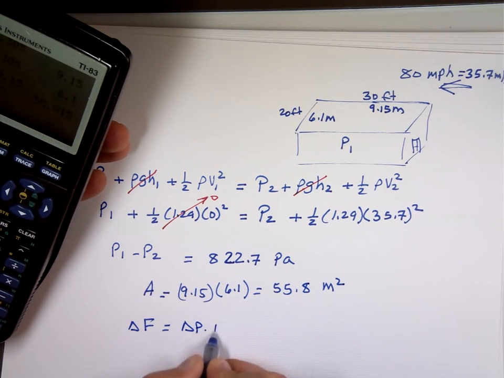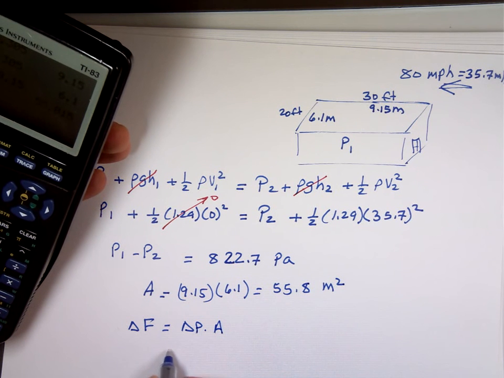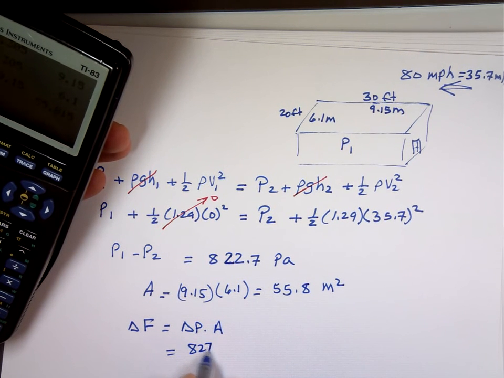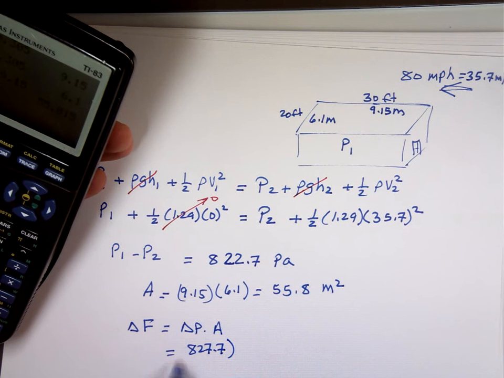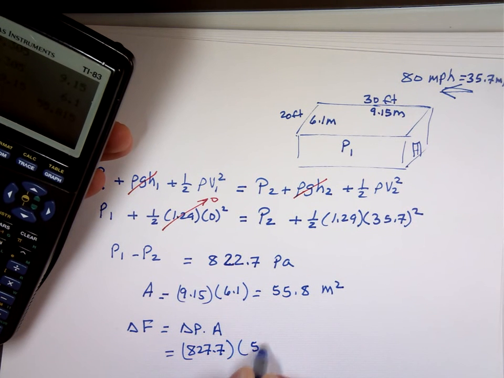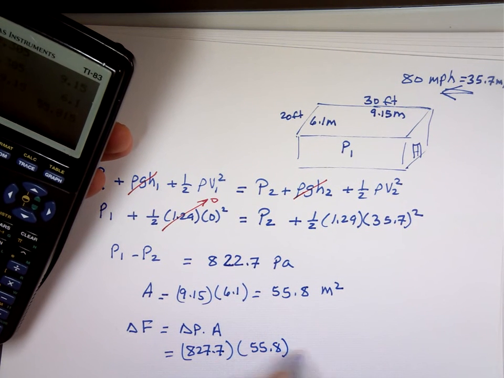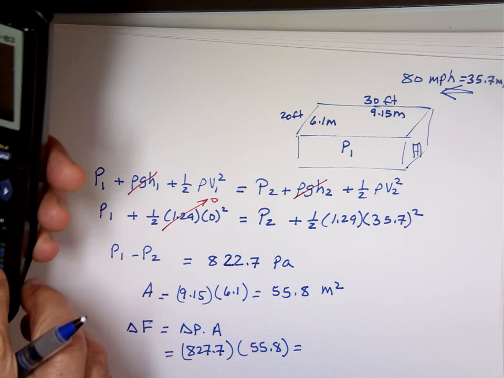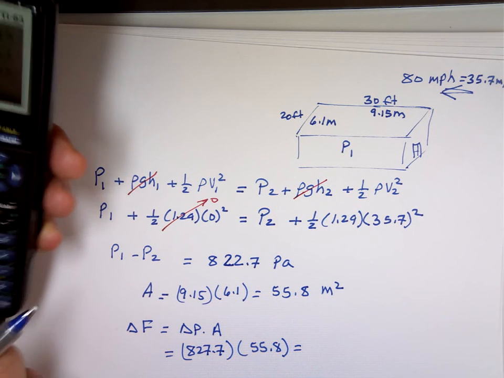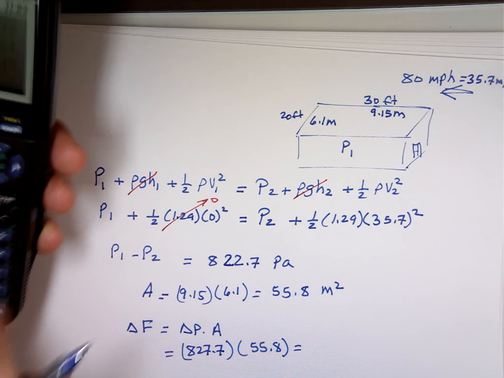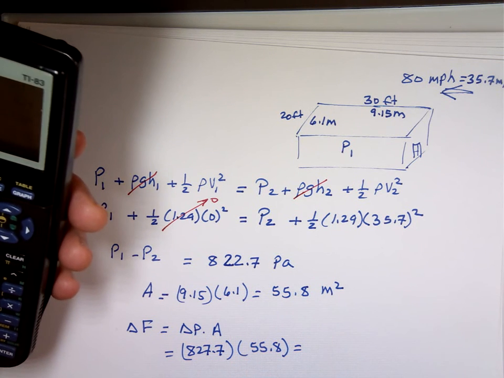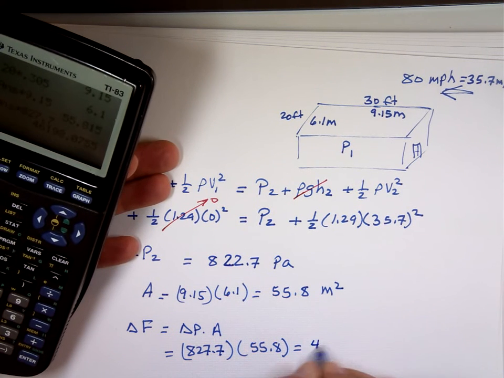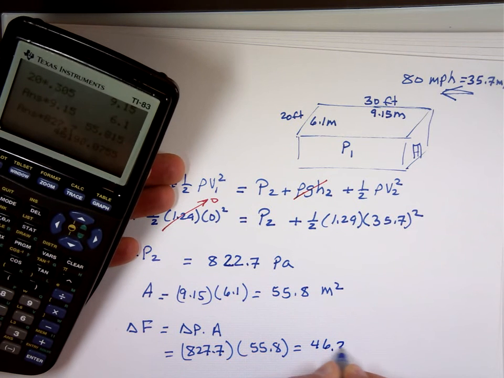The change in pressure is 827.7 times the area, which is 55.8. Ready for this number? 46,200 Newton.